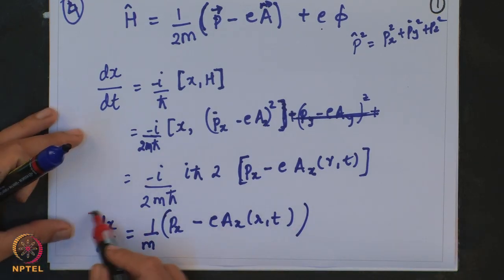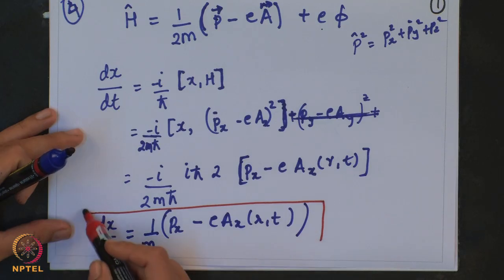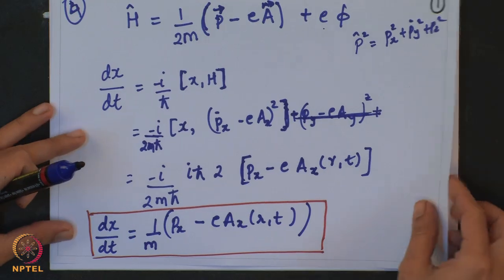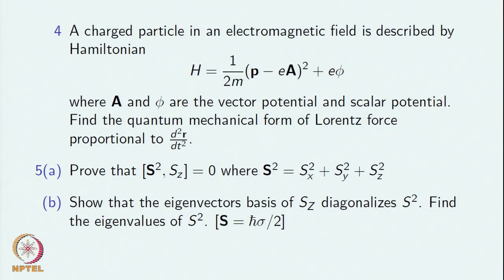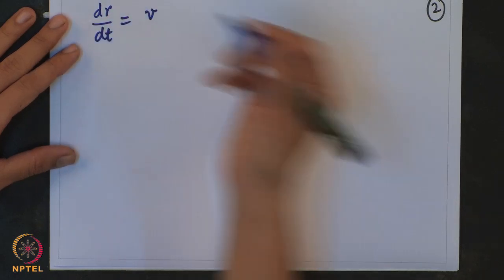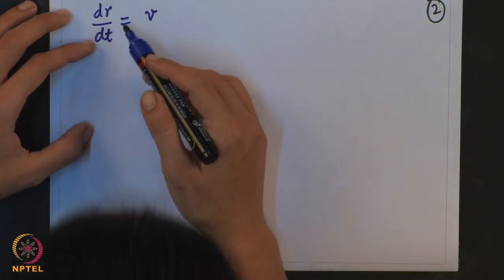The next step would be to calculate dV by dt. The simple definition of velocity V is dr by dt, and this was for dx.